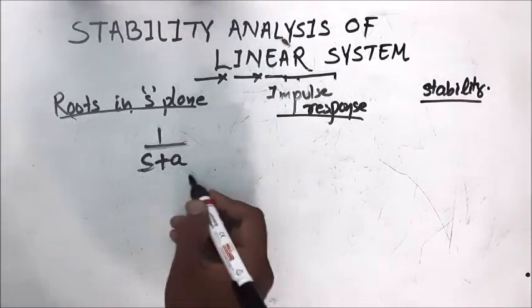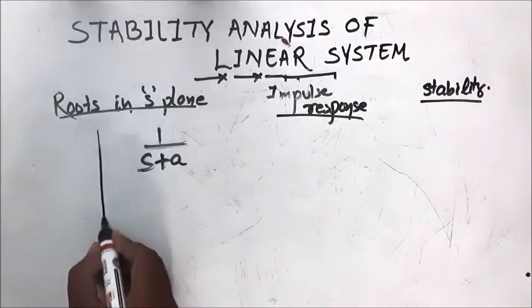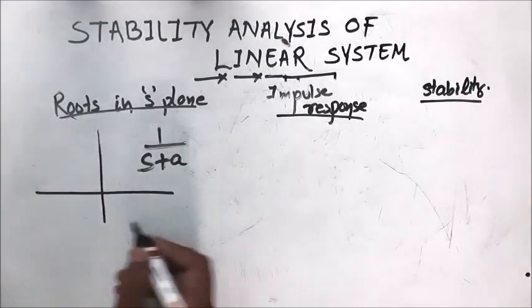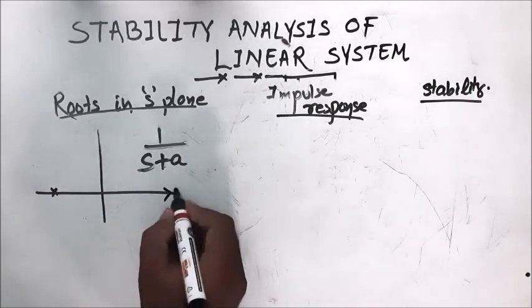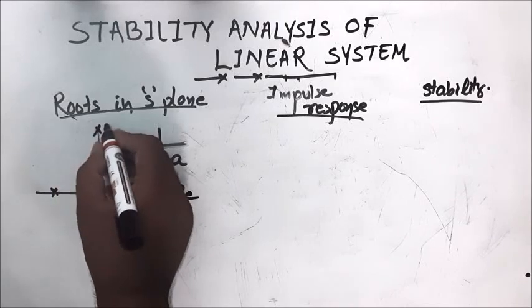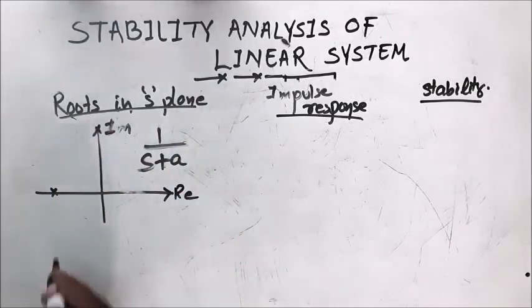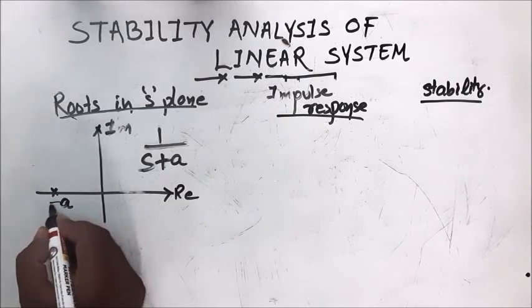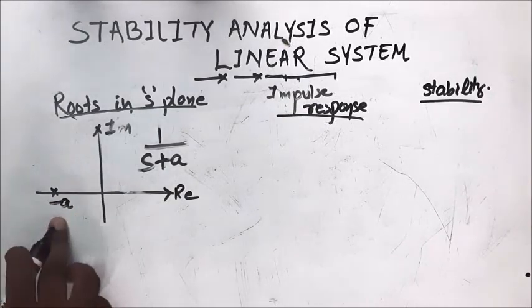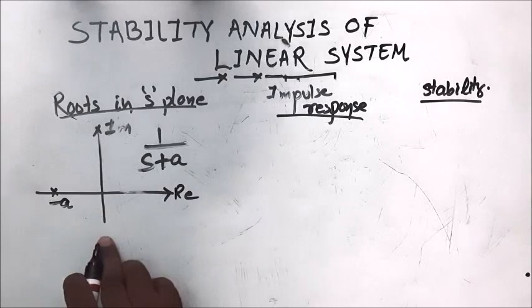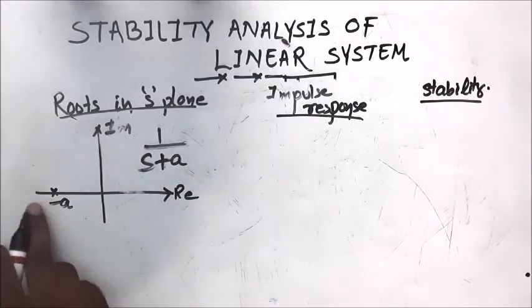So here minus a is the pole. If you draw the j omega axis or S plane, this is the real part and this is imaginary. So this is minus a. Here you can see the pole is lying to the left of the j omega axis, and it is a real value.